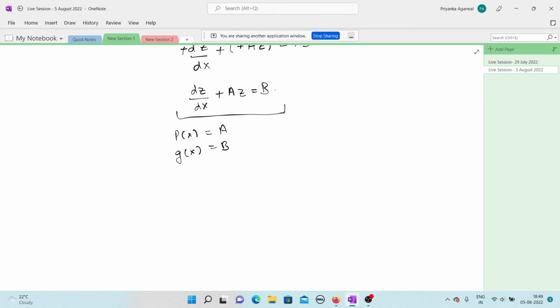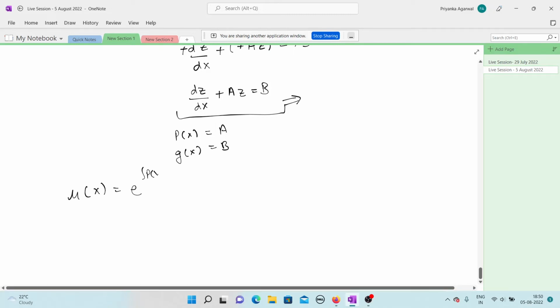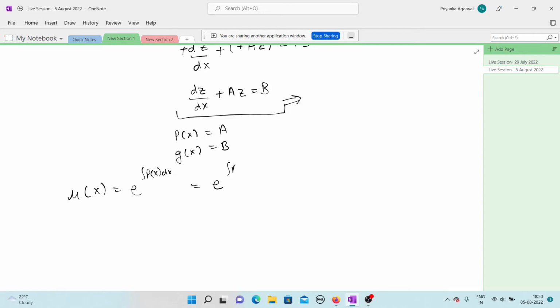Okay, so once it is reduced to this familiar form, linear first order differential equation, we can simply find its solution. So the first step would be to find the integrating factor, which in this case will be e to the power integral of px dx, so this will become e to the power integral of a dx, e to the power ax, right?